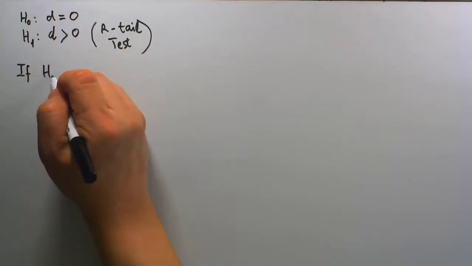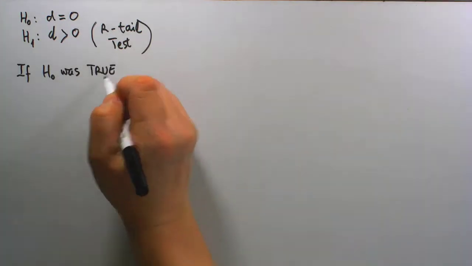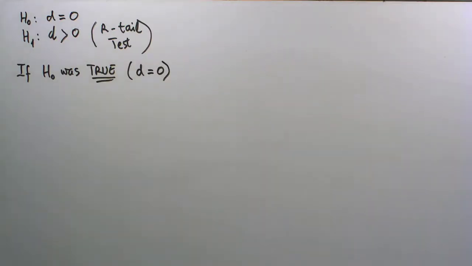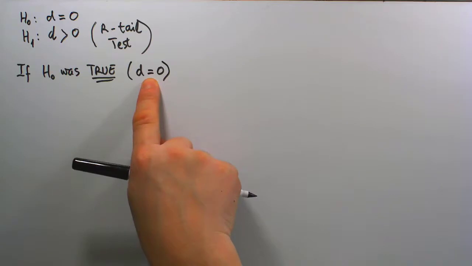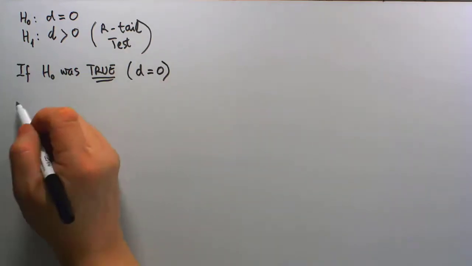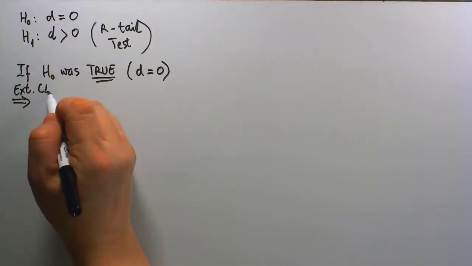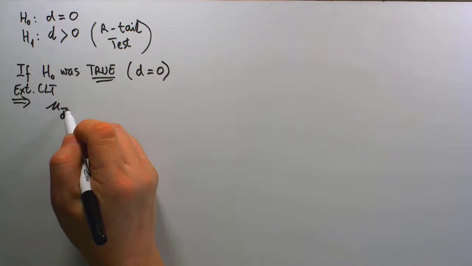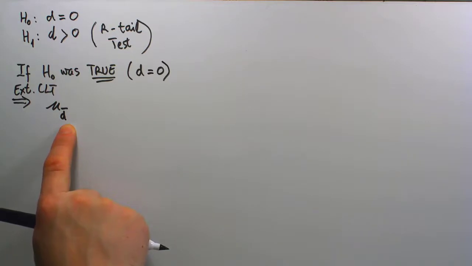If H sub 0 was true, stating that the difference between the two population means mu1 and mu2 is equal to 0, then according to the extended central limit theorem, we know that the center of all d bar values, because once again I have to remind anyone viewing the video, d bar is only one sample value among infinitely many other sample values out there.